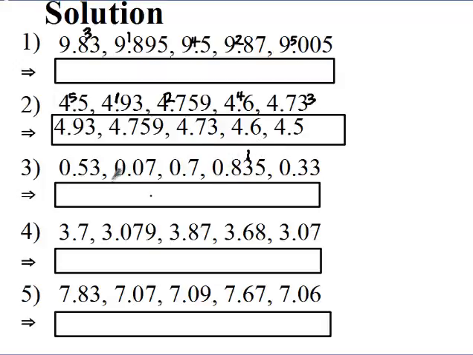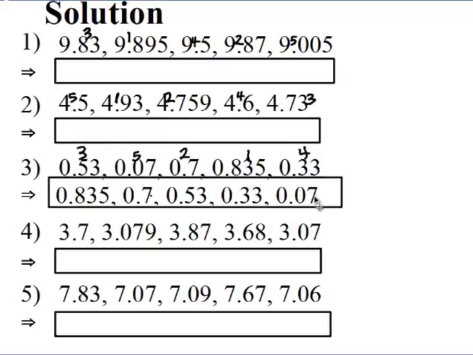And still in the 10th column, 7 is the next biggest number in the 10th column, followed by 5, followed by 3, and 0. In descending order, this is what we have.